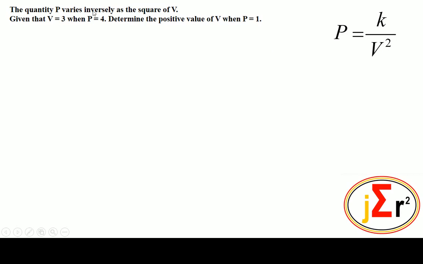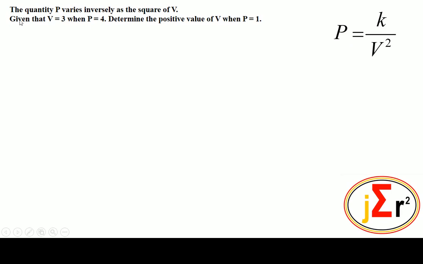That is what we mean by the inverse relationship: in the equation or in the expression, we will have the inverse or the reciprocal of V squared. Also, we have the constant of proportionality relating the two quantities.